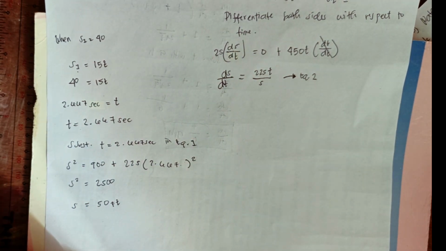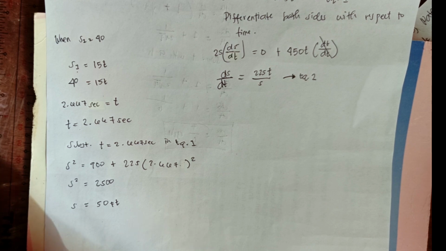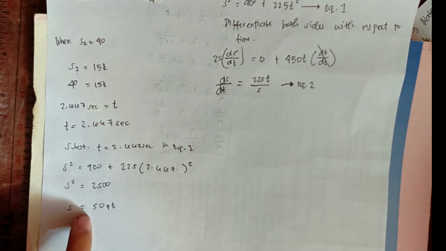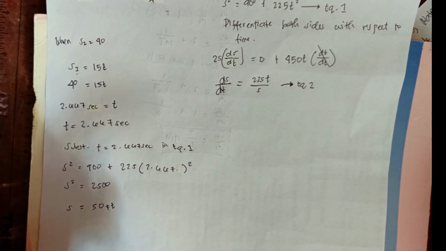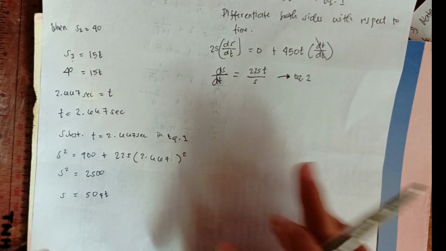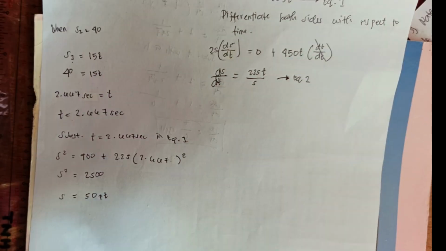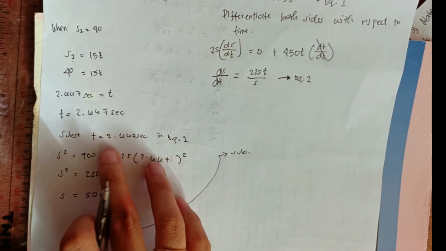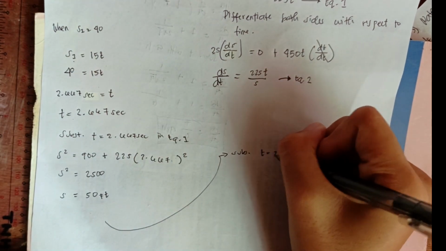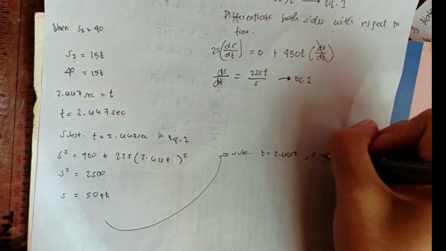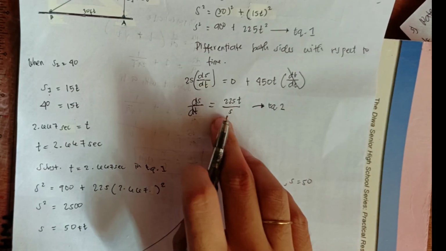So, after that, let's substitute again 2.667 that time, and this value here in equation 2. So, let's substitute kani value sa time 2.667 and value sa S, 50, sa equation 2.